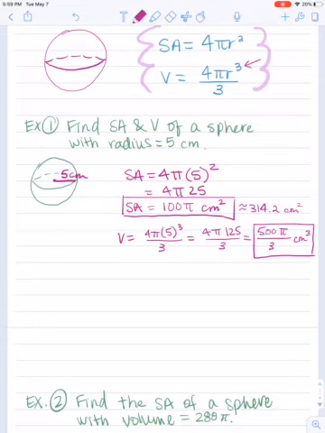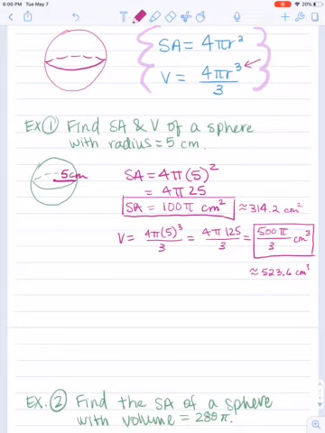However, if I wanted you to write this rounded to the nearest whatever, you would multiply 500 by pi and then divide that by 3, meaning you would type this exactly with pi in the calculator, which is 523.6 centimeters, excuse me, centimeters cubed.